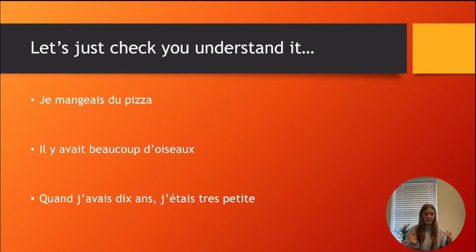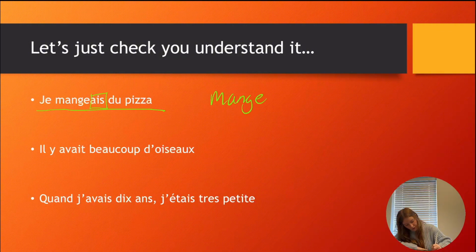So let's go through some examples. So first of all, here we've got je mangeais de la pizza. So, okay, I can see an imperfect tense ending. We've got AIS. So this is in the imperfect tense. So this means I was eating pizza, or I ate pizza, or I used to eat pizza in the past, okay? All we've done, we've taken that verb, manger, we've put it in the present tense, in the nous form, mangeons.